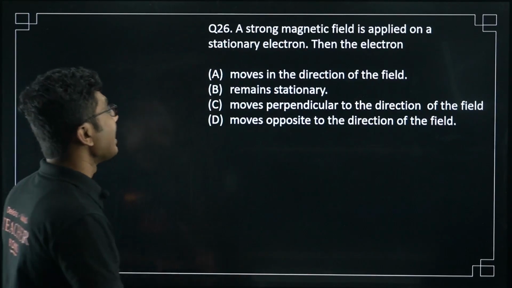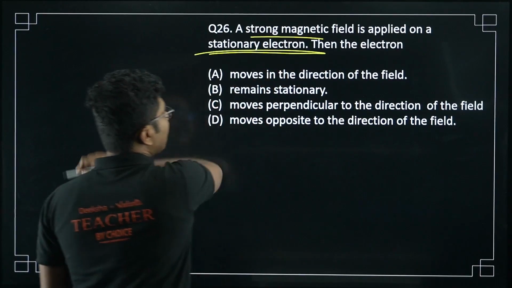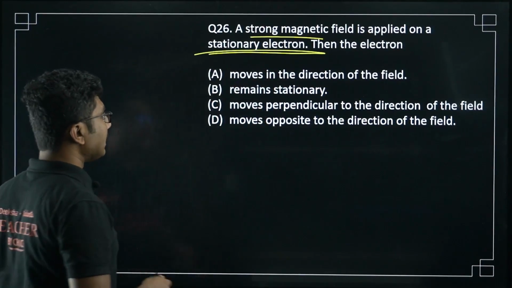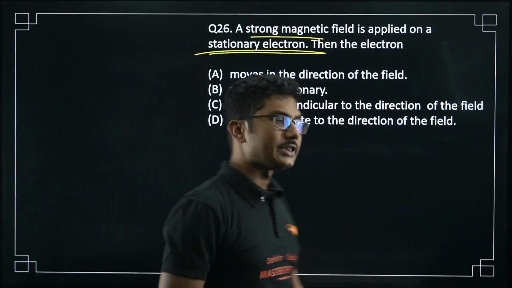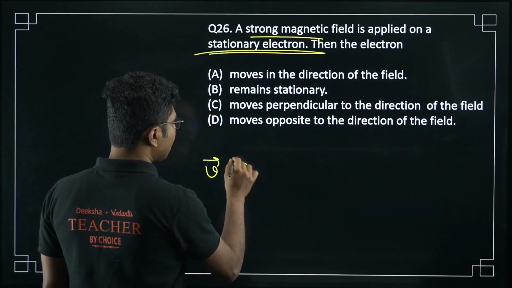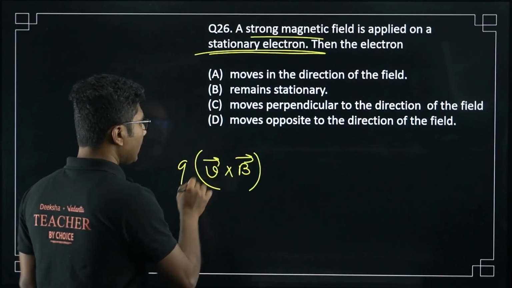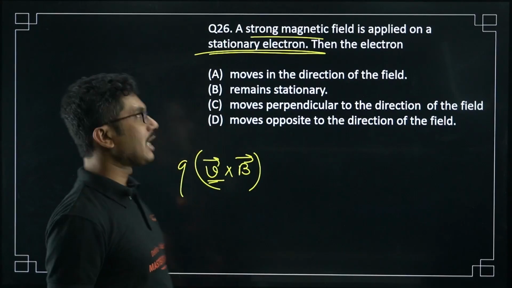So you have to understand that a strong magnetic field is applied on a stationary electron. Stationary electron means the electron is static. Electron static means the magnetic force will be 0, because it is Q V cross B, right? Now if V is 0, then the force acting on this charge will be 0.